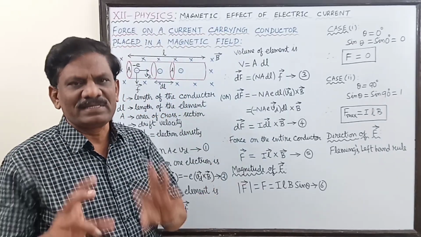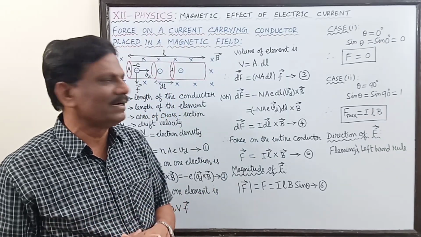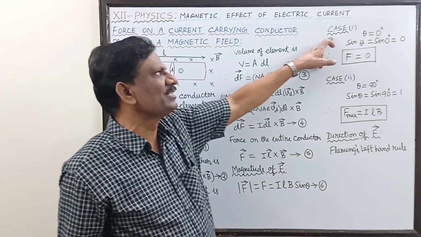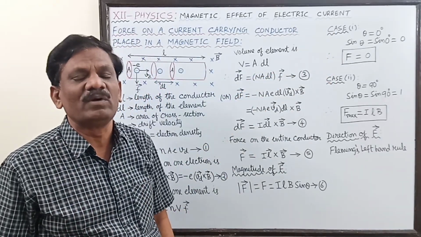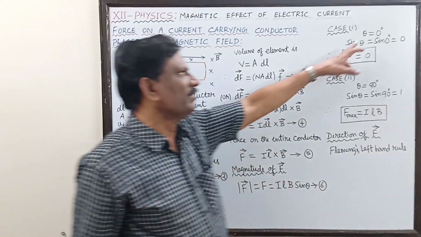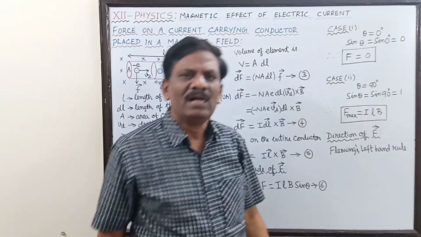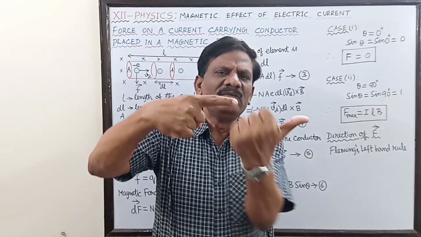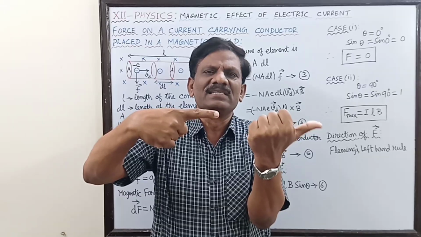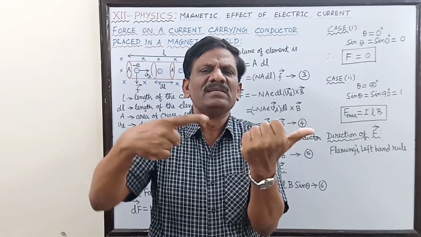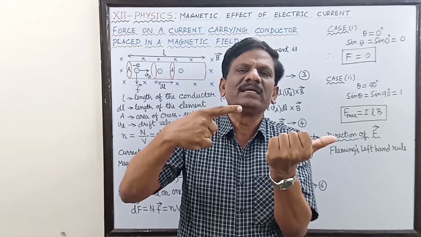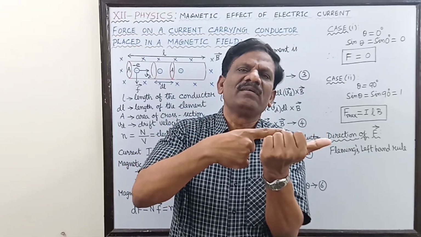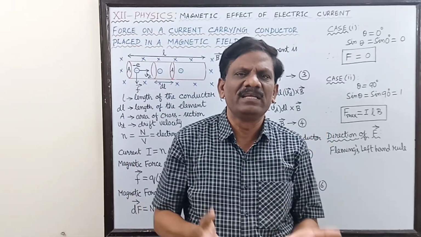Suppose if you want to present a little better and best answer, you give some information, special cases: what will happen to the force if theta is equal to 0 and 90 degrees. So if theta is equal to 0 degrees, the I dl vector and B vector both will be in the same direction, isn't it? So the angle between them is 0, so sine 0 will become 0, so the conductor placed parallel to the field will not experience any force.